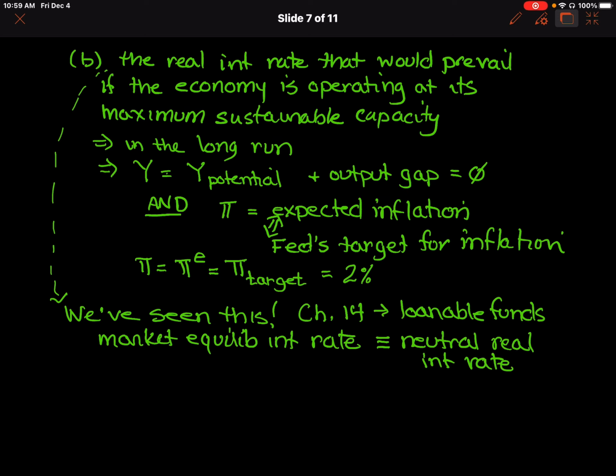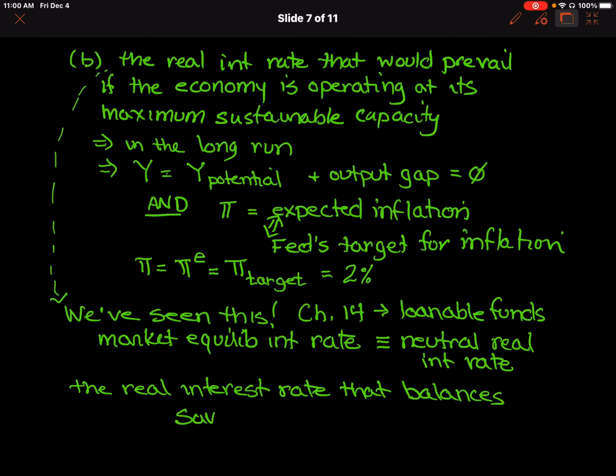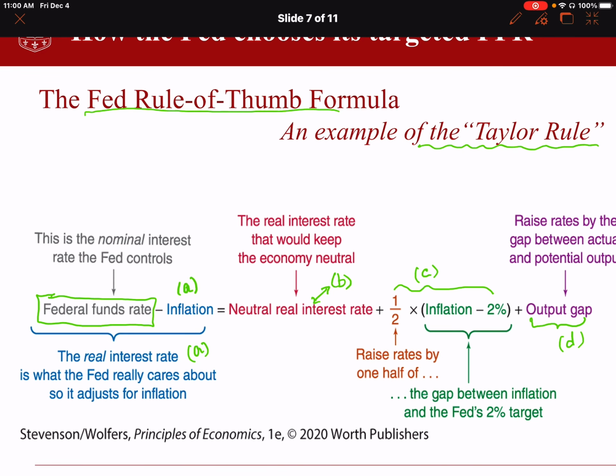And it's the interest rate that balances savings and investment. So again, if we go back, you can see that we're going to come to this idea of an inflation target in a minute, but the neutral real interest rate is the one that would keep the economy neutral.